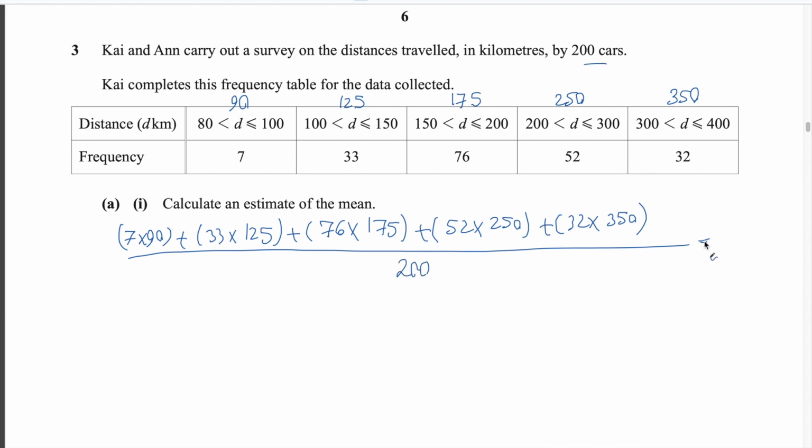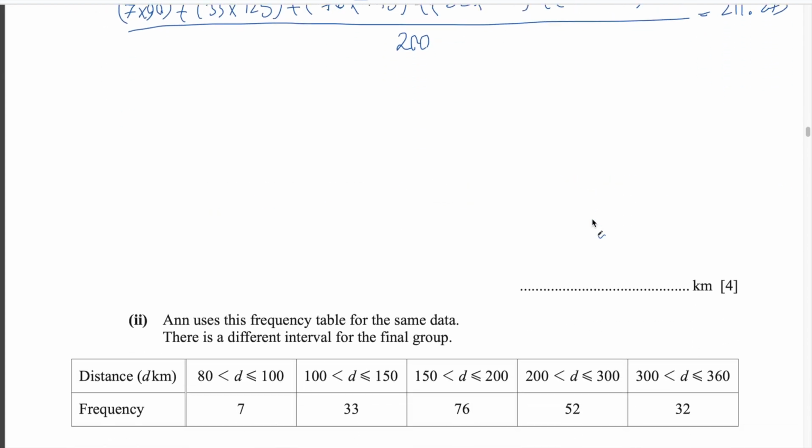So the answer will become 211.275 for the first.